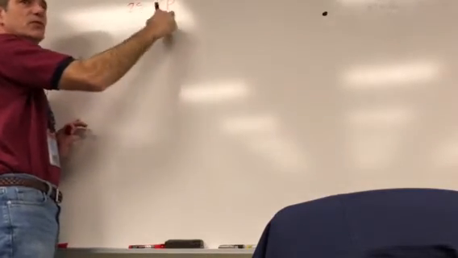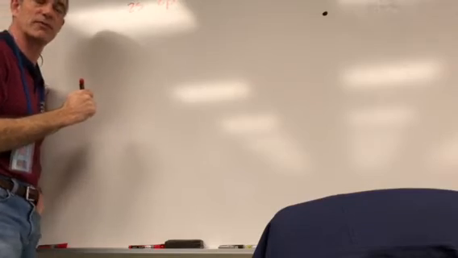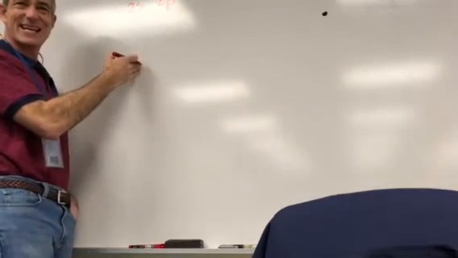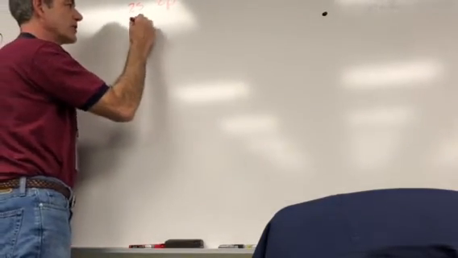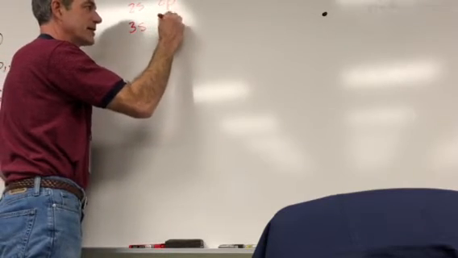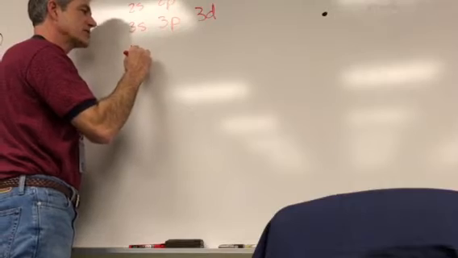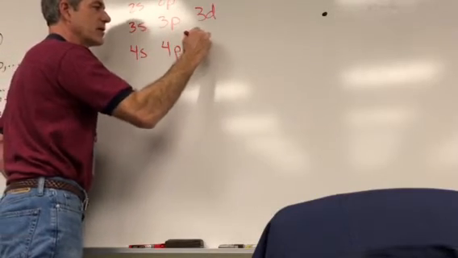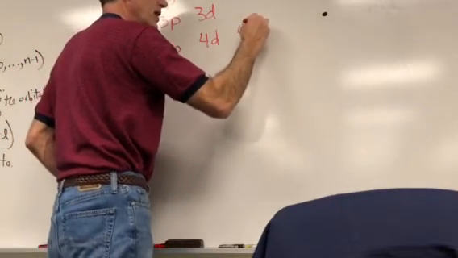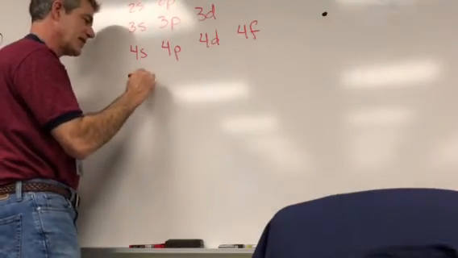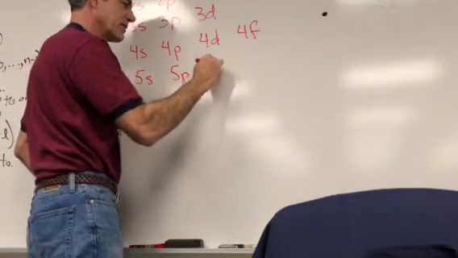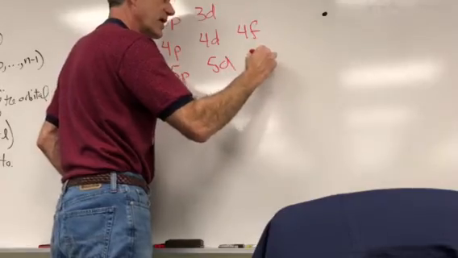So this is the second energy level with its two sublevels. Notice I'm keeping my s's nice lined up. So this is the 3s, I put my 3p right underneath, I'm just trying to be neat here, then the 3d. Then the 4s, the 4p, the 4d, and the 4f. Then it's the 5s, the 5p, the 5d, the 5f.